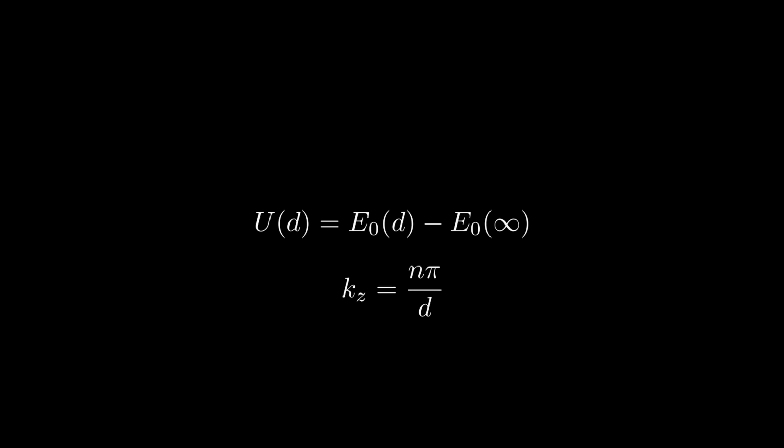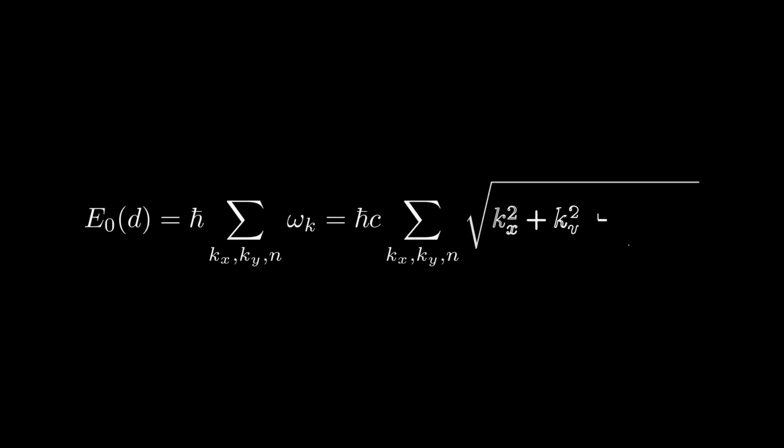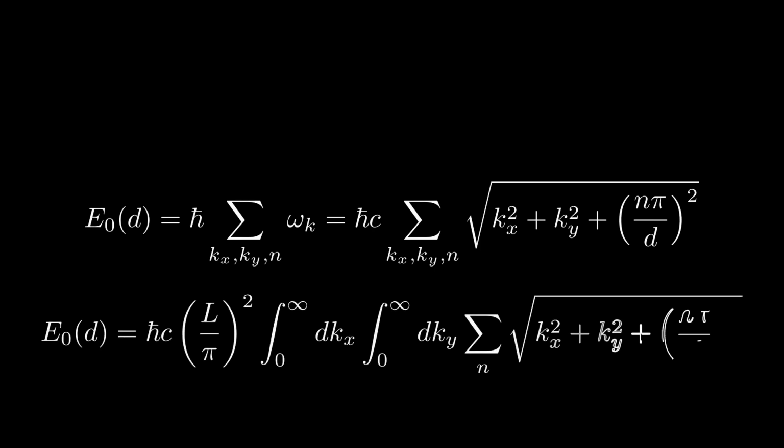Specifically, kz is n pi over d, where n is an integer. We can write down the vacuum energy of this situation, and, since the lengths of the x and y dimensions of the plate are large, the summation over x and y can be replaced with integrals. Taking the limit as d goes to infinity gives us the full potential energy function. The process to evaluate this integral is quite complicated, and so only the result is presented.